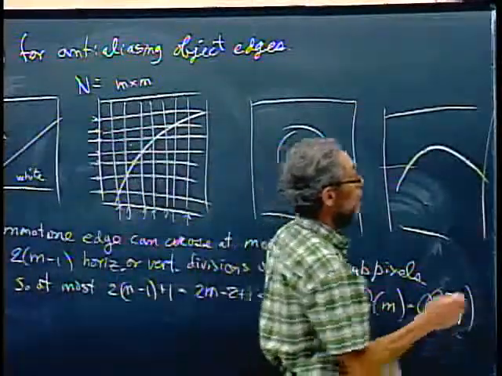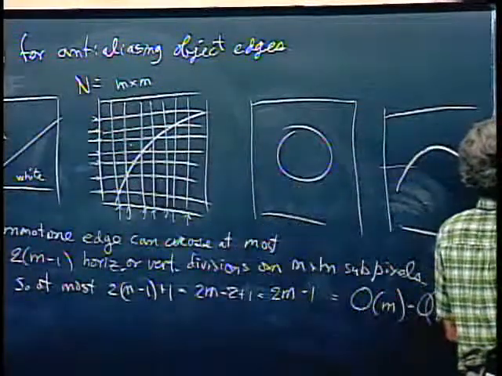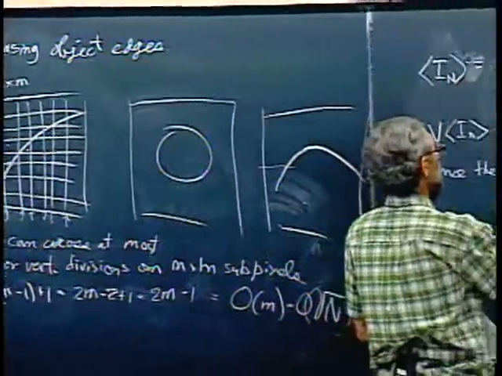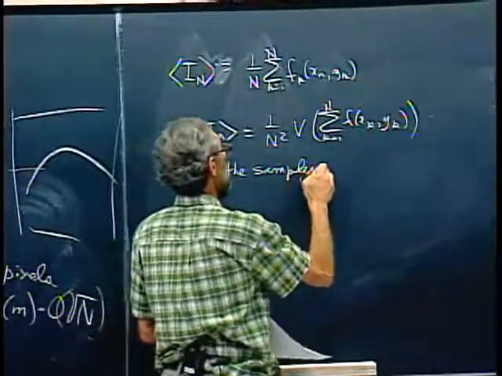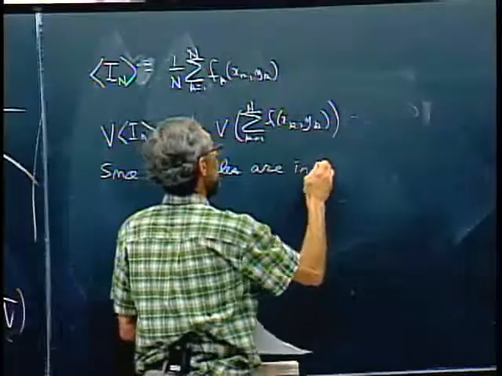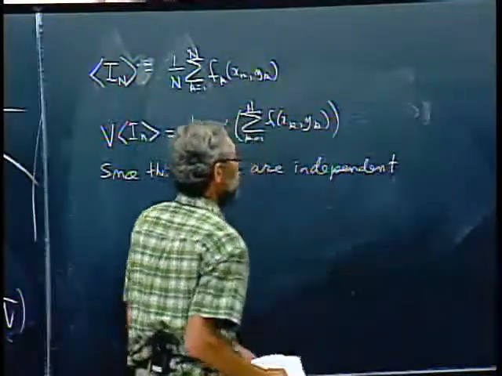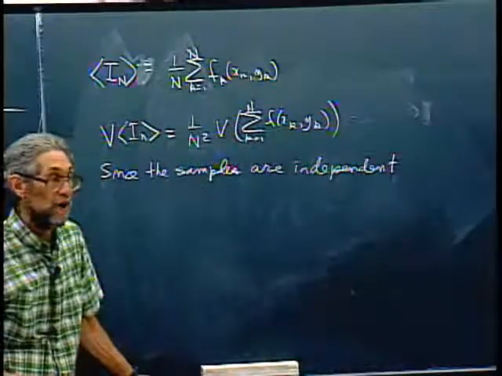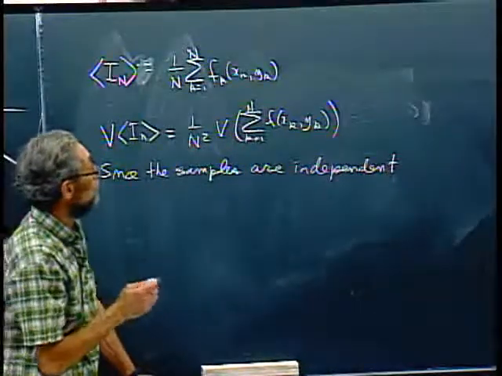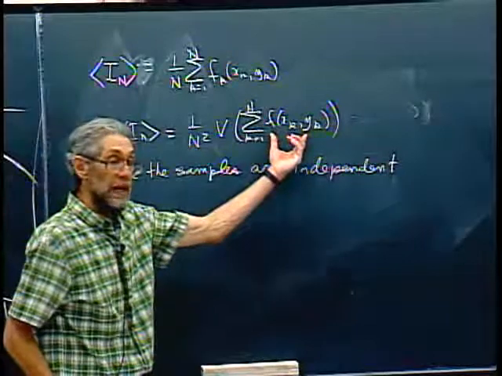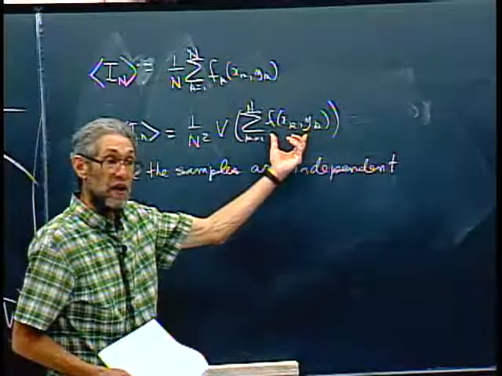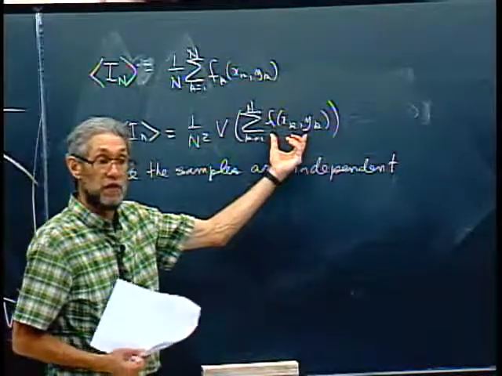So since the samples are independent, assuming you had a good random number generator, what I proved is if these are independent random variables, then the variance of the sum is the sum of the variances.